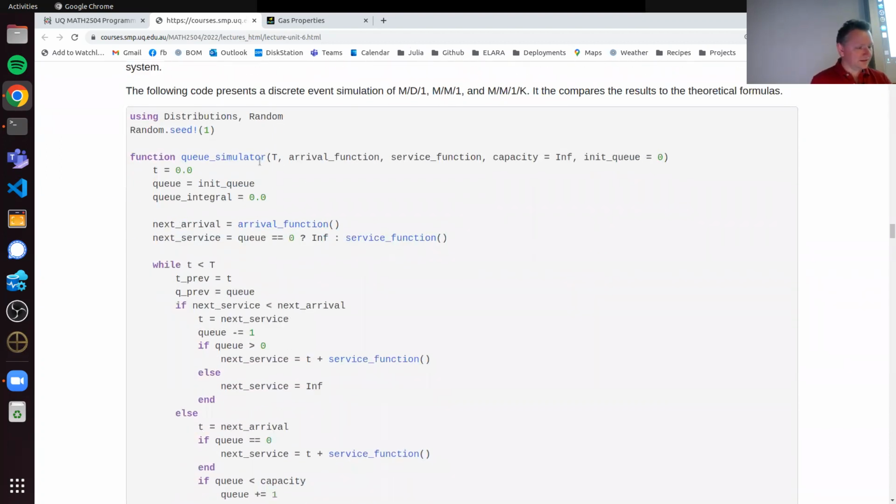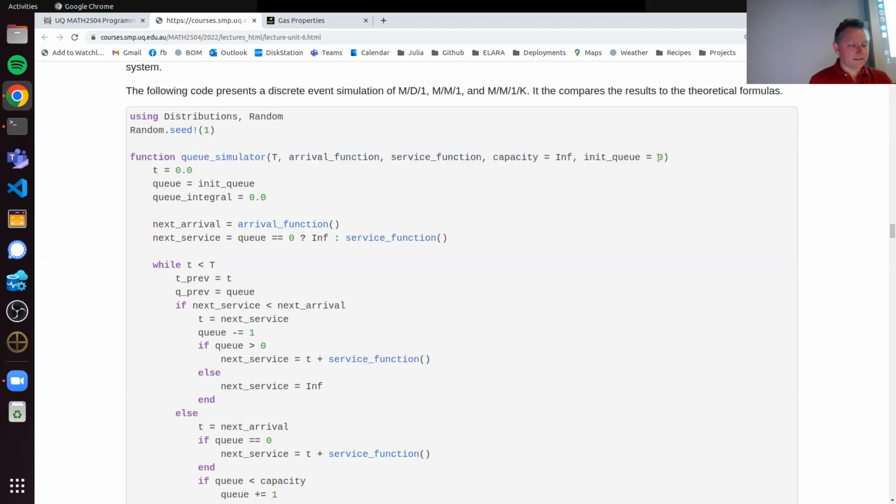So we have this simulator, and it's going to take a few things. T is the maximum amount of time we're willing to wait for, so maybe 100 or 1,000 or some number. And then there's these functions, and then these constants about what the capacity is. That's the K in MM1K, which could be infinity or it could be some number.